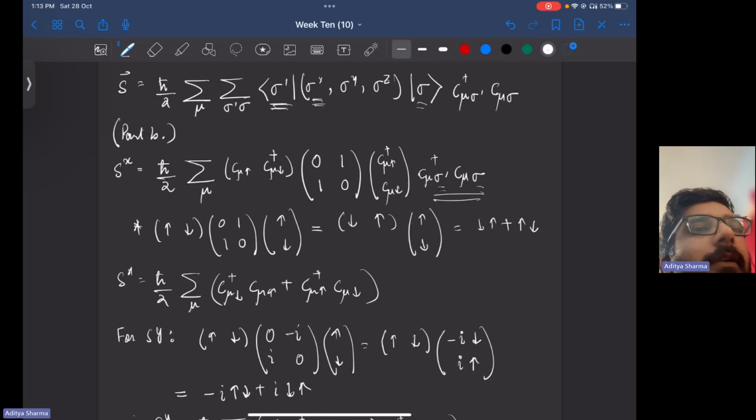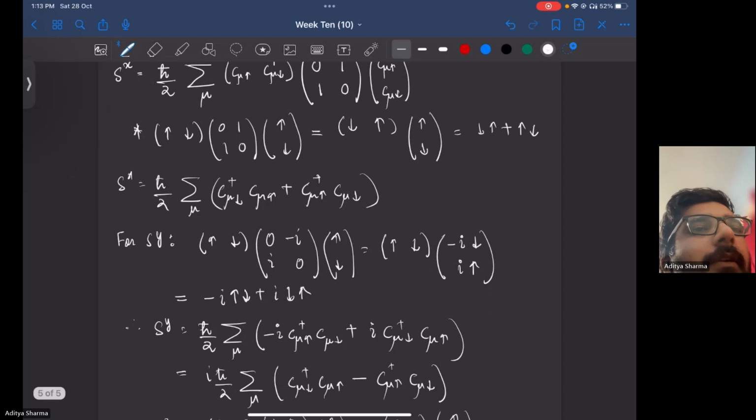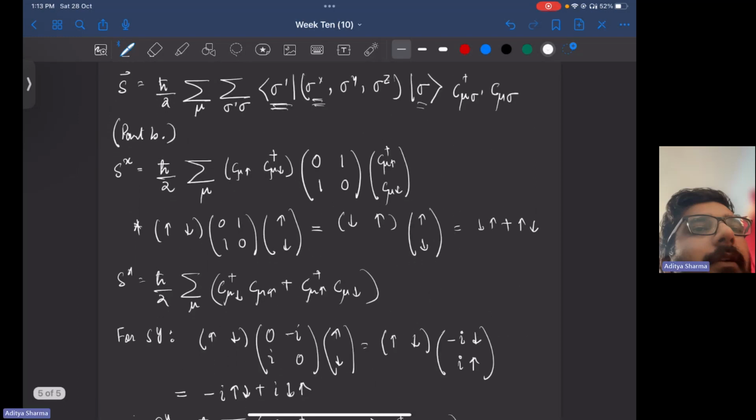So I should get C mu dagger down, C mu. Yeah, this is the correct way to write it. Yeah, this is right. This is notationally correct.